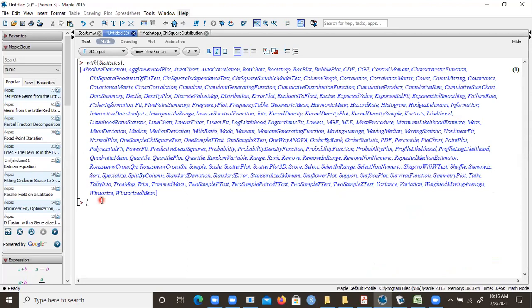What I can do first of all is define the function in the following manner. I'm naming the function x, and let me define it.